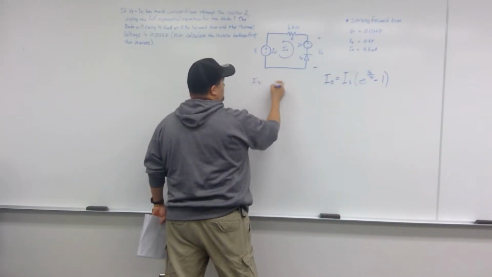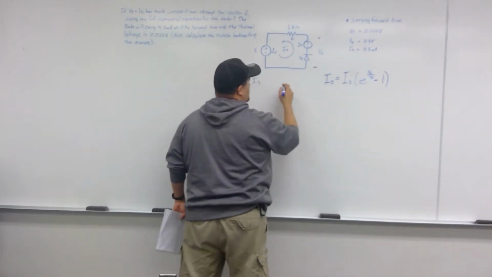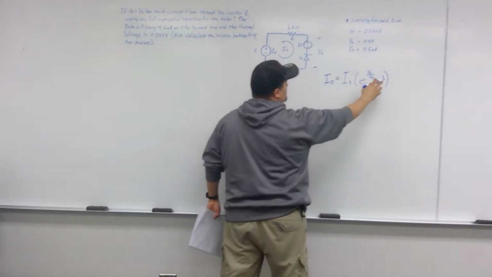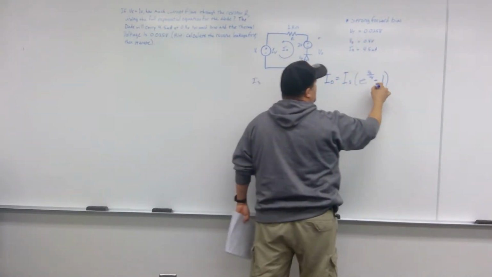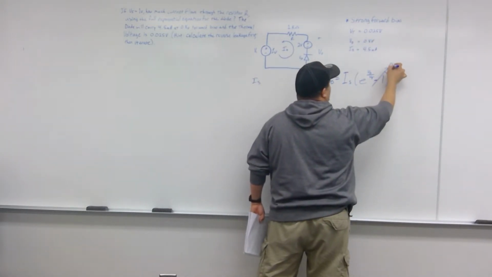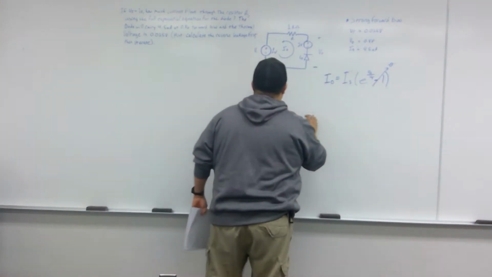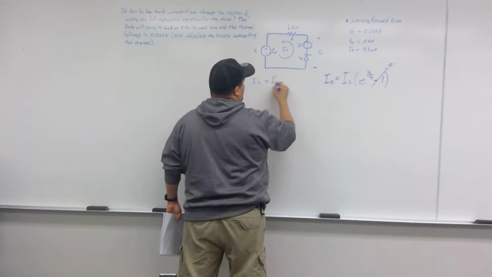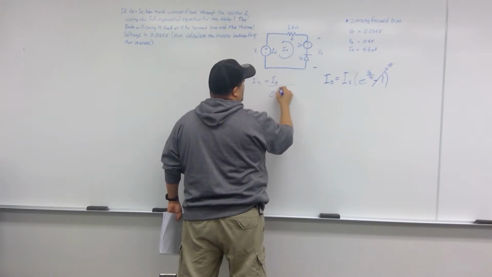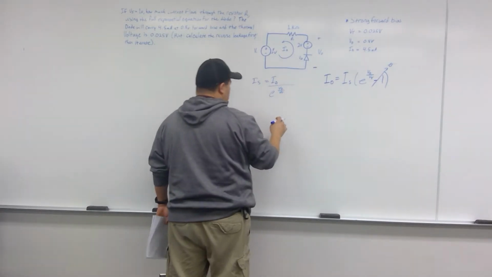That's just simply moving this term over. But before moving this term over, we want to also make a note that because it's strong forward bias, we can get rid of this term, it goes to 0. So we're left with IS equals ID over e to the VD over VT, thermal voltage.